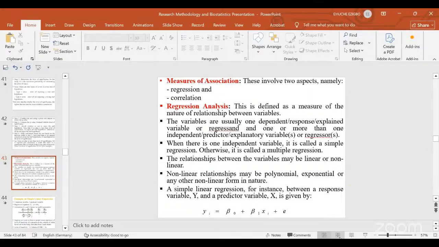There are different types of regression analysis. I don't know if our concentration span has been exceeded. It appears you need to go for a break.